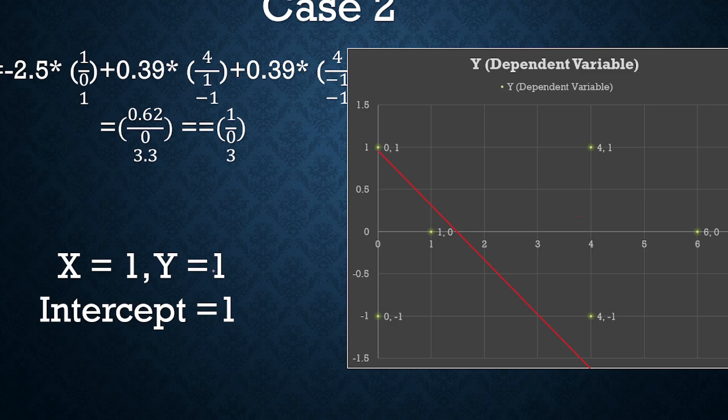If x is equal to 1 and y is equal to 1, then it will touch the x and y axes exactly with a 45-degree inclination. So like a slant line, it will be separating, and the points will fall on this side and the opposite. So right now I have drawn a graph where x is equal to y is equal to 1 and the intercept value is 1. So from the x-axis it should be 1 and on the y-axis it should also be 1. This is how the case study will be subdivided into two different regions.